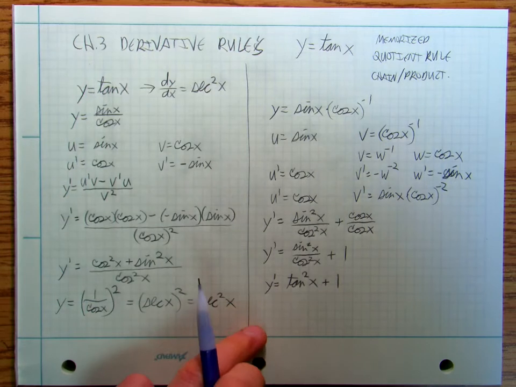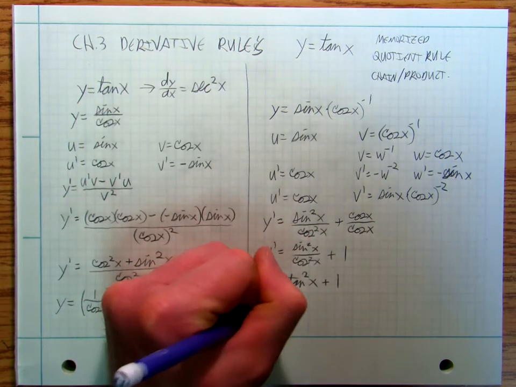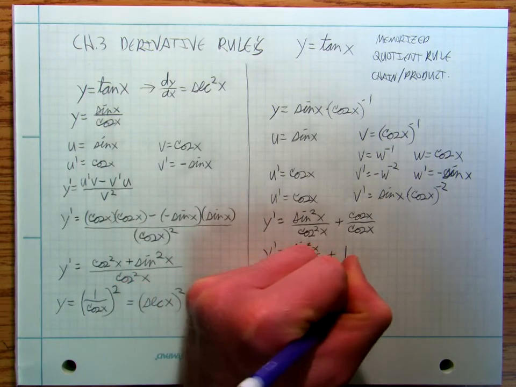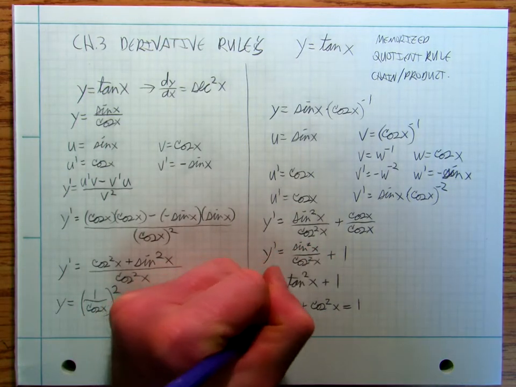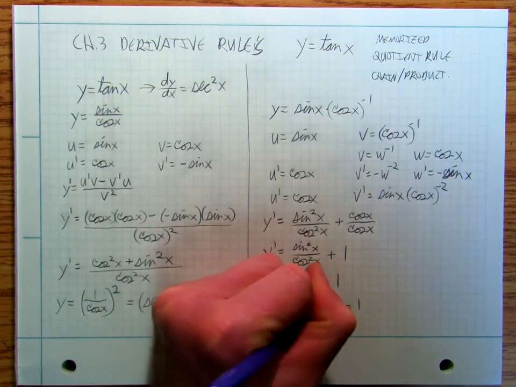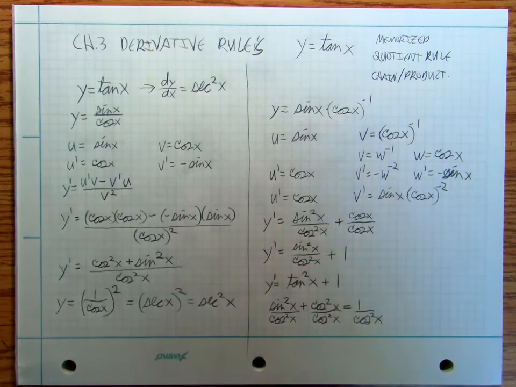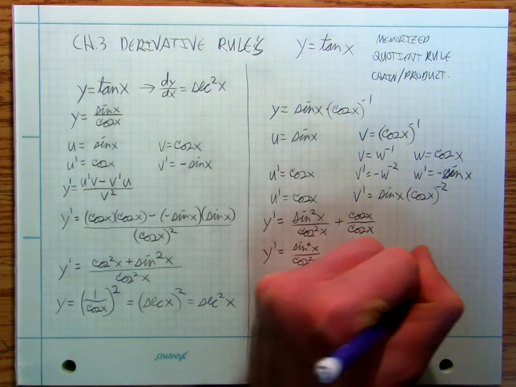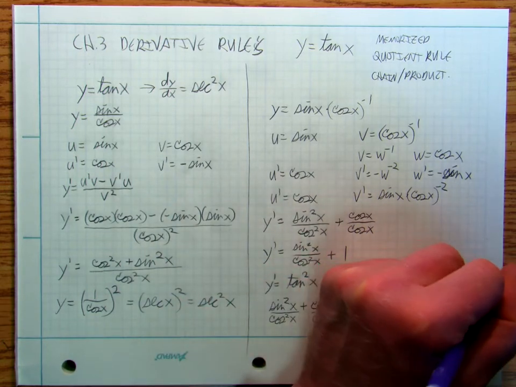And if I look at my Pythagorean identities, if I divide all of this by cosine squared x, I can see that tangent squared x plus 1 equals secant squared x.